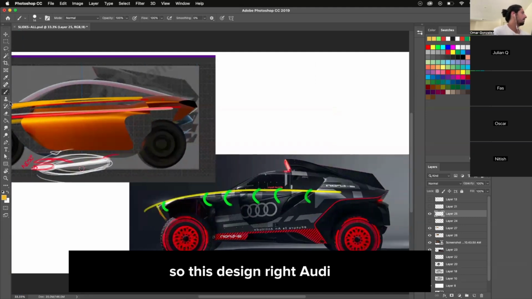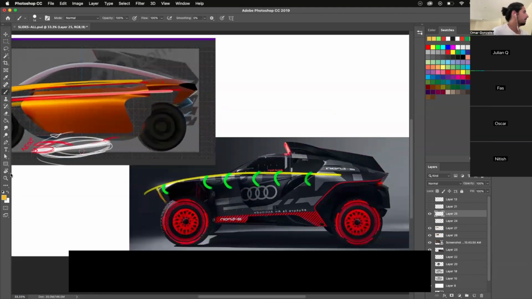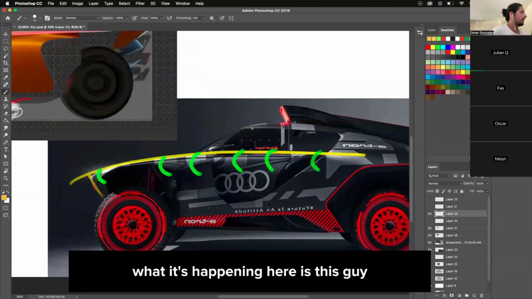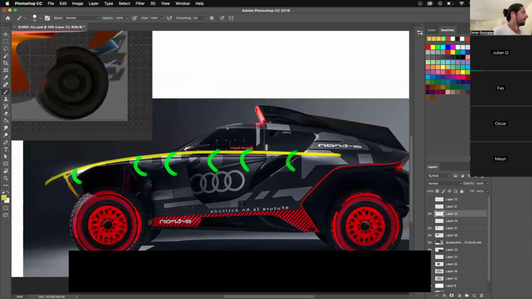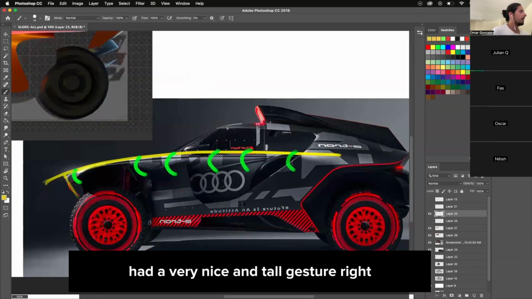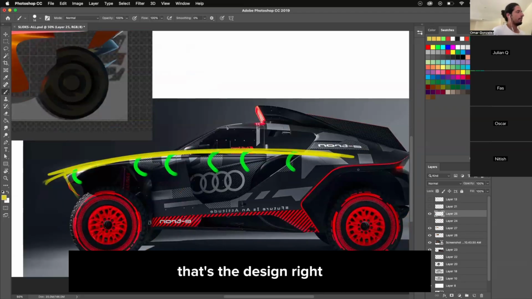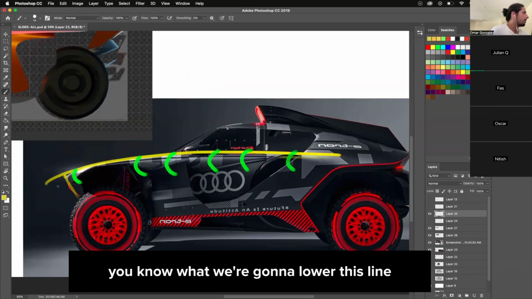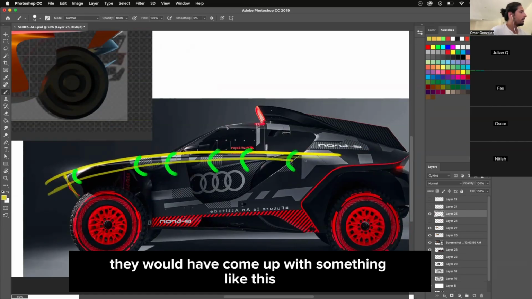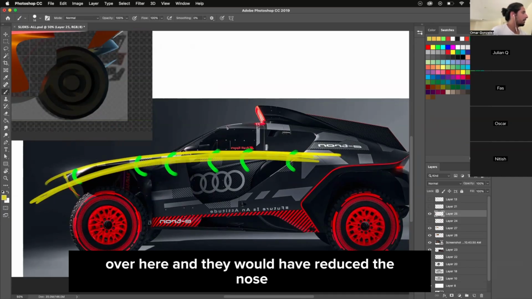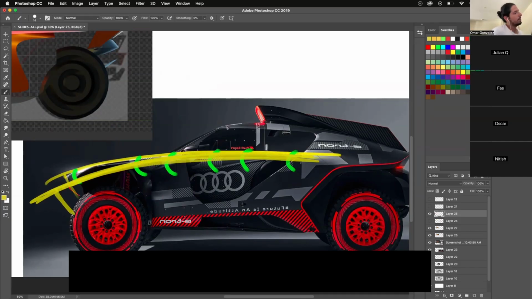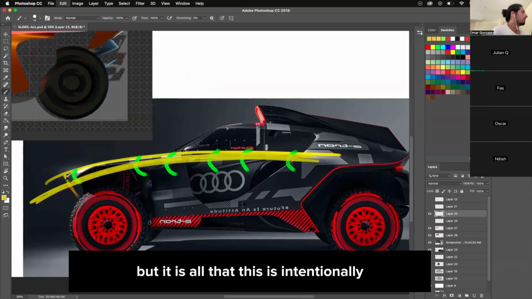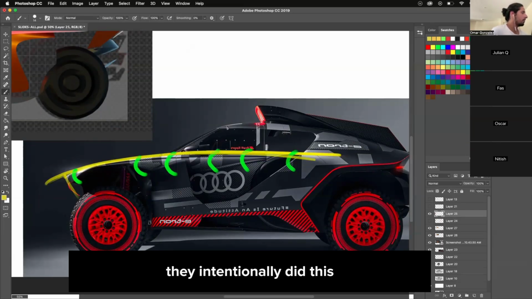So this design, Audi, what's happening here is this guy had a very nice and tall gesture, right? That's the design, right? Probably if Audi wants to make another take and say, you know what, we're gonna lower this line, they would have come up with something like this over here, and they would have reduced the nose. But they intentionally did this.